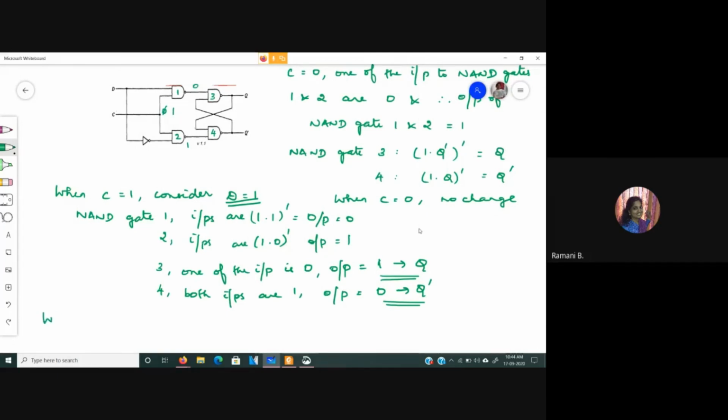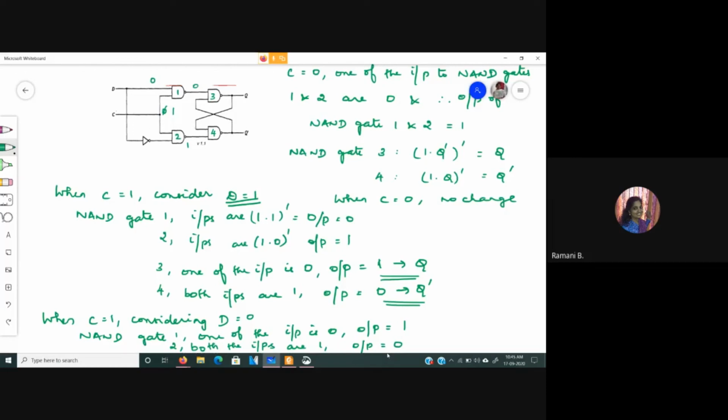Same way, when C is equal to 1, considering D is equal to 0. So when D is equal to 0, what happens? The NAND gate 1 has one of the inputs to be 0, so your output is 1 over there. And for NAND gate 2, both the inputs are 1, right? So the output is 0 over here.